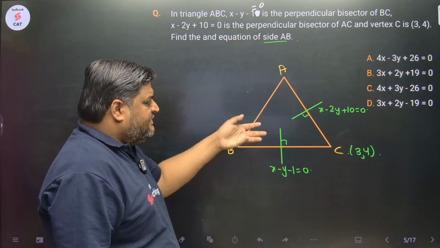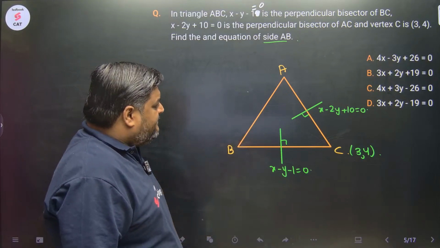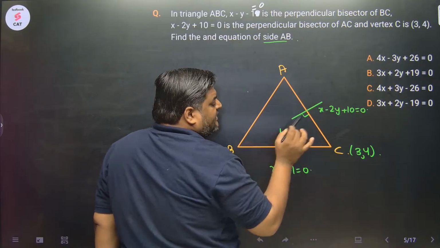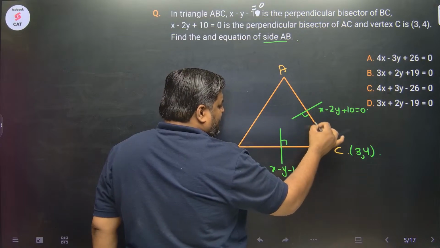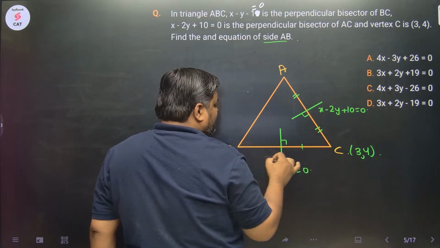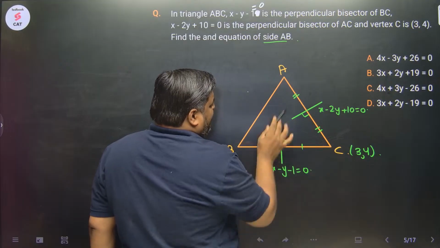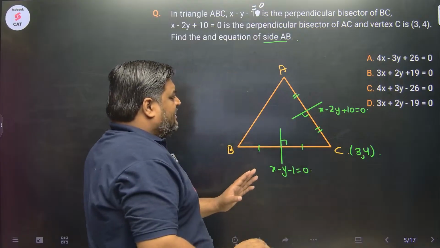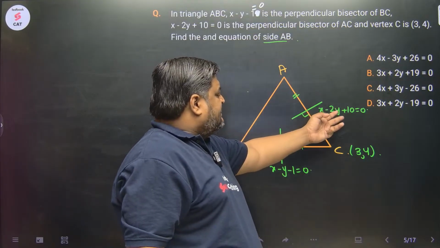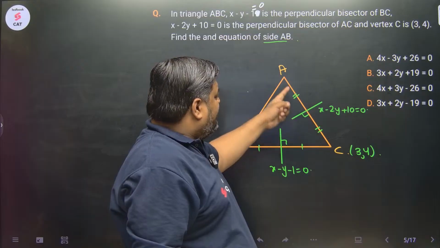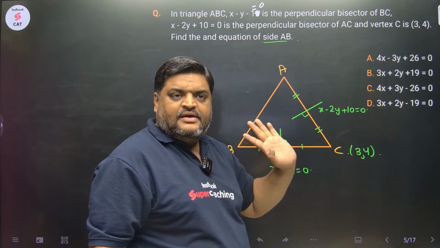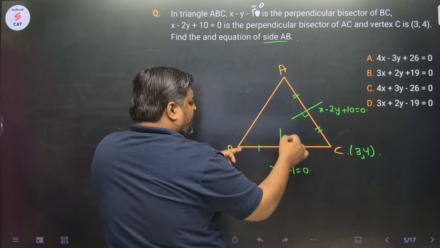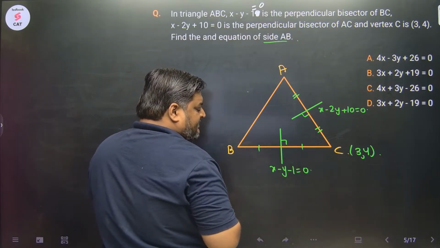I have these lines as the perpendicular bisector, meaning this length is equal to this length and this length is equal to this length. सो कहीं ना कहीं A इज मिरर इमेज ऑफ C विथ रिस्पेक्ट टू दिस लाइन, है ना, परपेंडिकुलर बाइसेक्टर है. So across this line, A is mirror image of C. Okay. Similarly, B is mirror image of C across x minus y minus 1 equals 0.